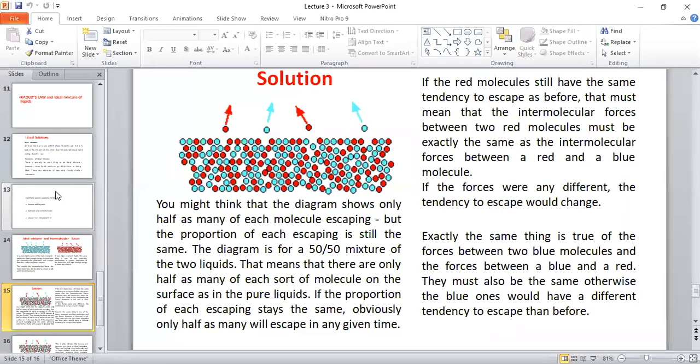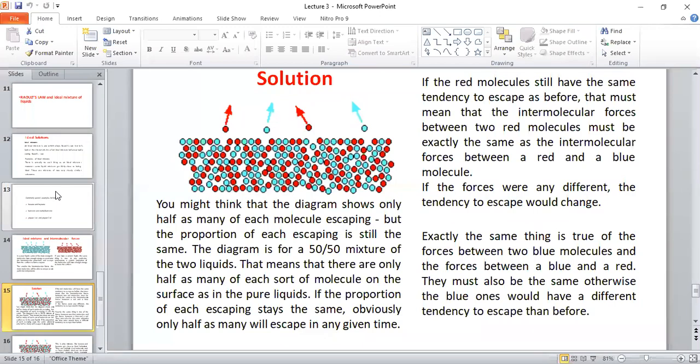You might think that the diagram shows only half as many of each molecule escaping, because out of the 4 you see 2 red and 2 blue. But it's not that we're showing half of it escaping. The proportion of each escaping is still the same.